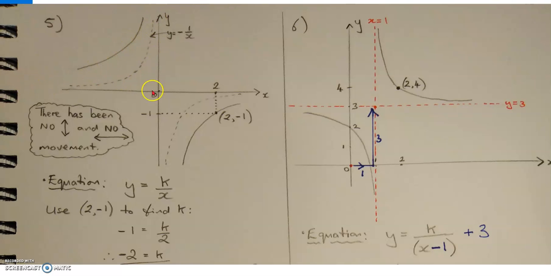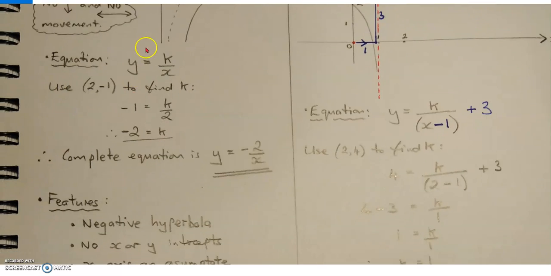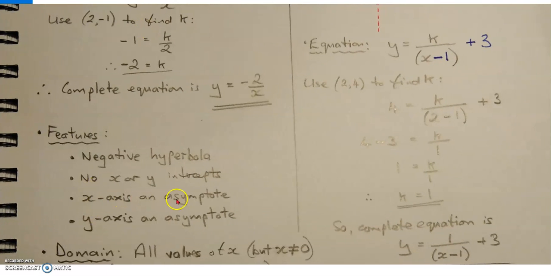But the y-axis is also an asymptote if we went that way with the curve and that way with this bottom part of the curve here. Okay, so they are features that you must mention, that the x-axis is an asymptote and the y-axis is an asymptote.